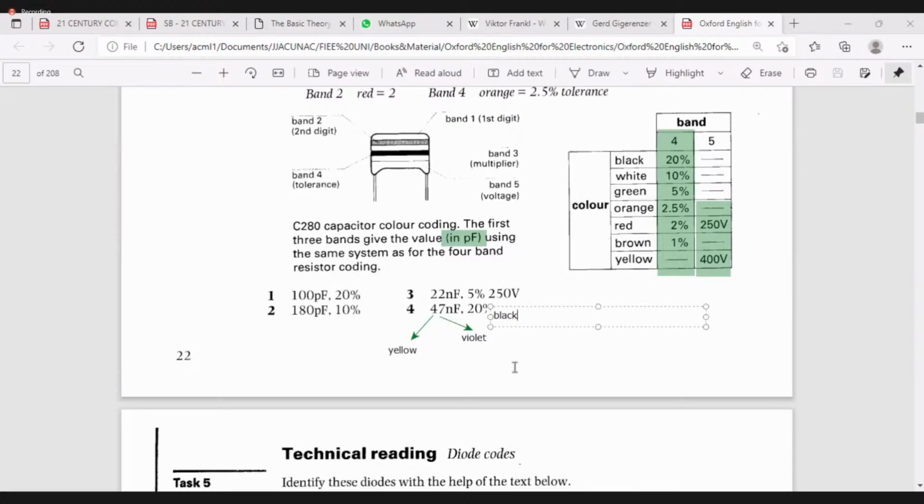In the case of resistors there was no such band, so the different colors come with the fourth and fifth bands. They don't mention anything about the voltage, so we just keep it blank.